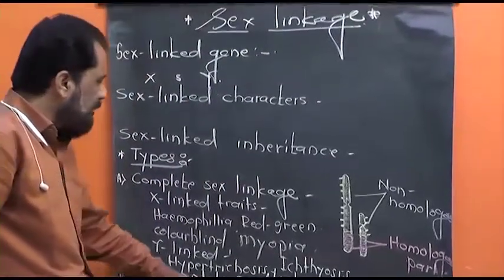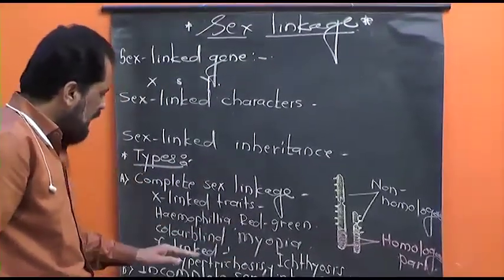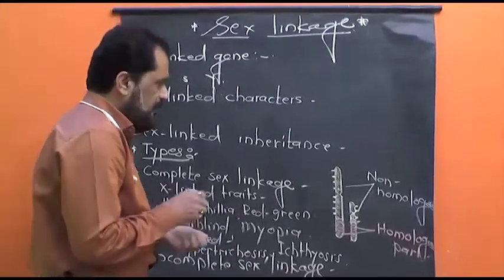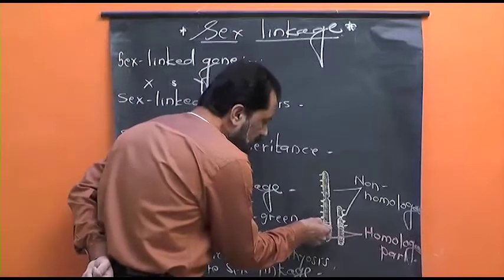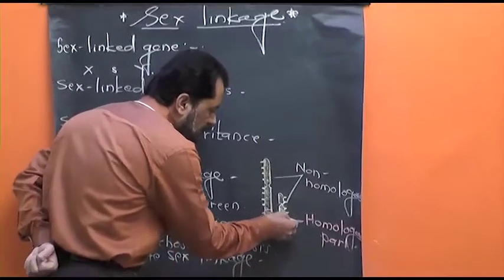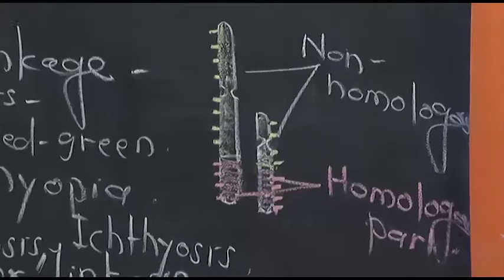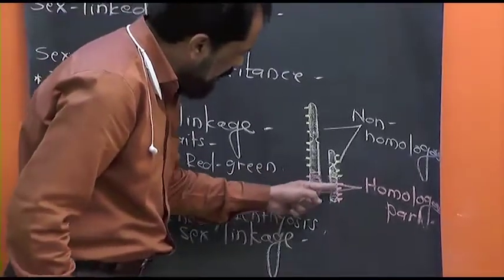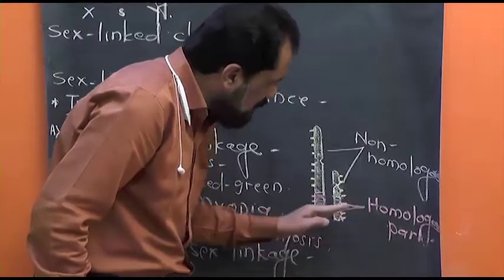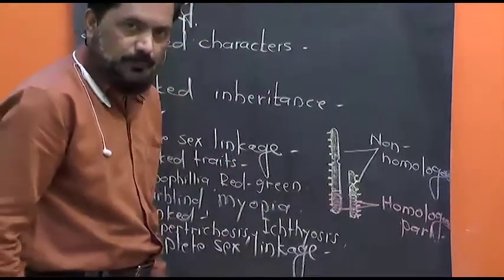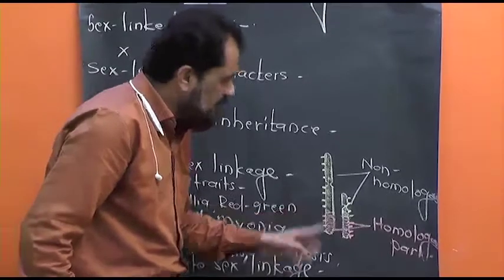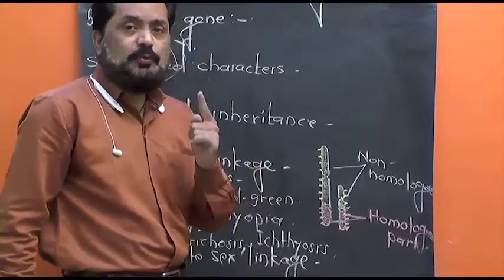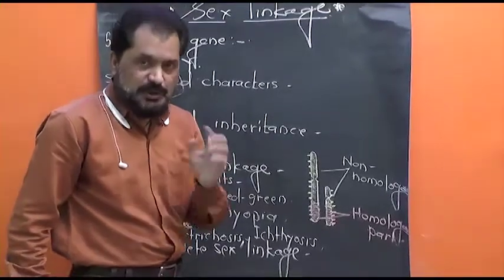Now, incomplete sex linkage. Incomplete sex linkage is exhibited by the genes present on the homologous part of sex chromosomes. It means these genes do not remain together and are not inherited together generation to generation.